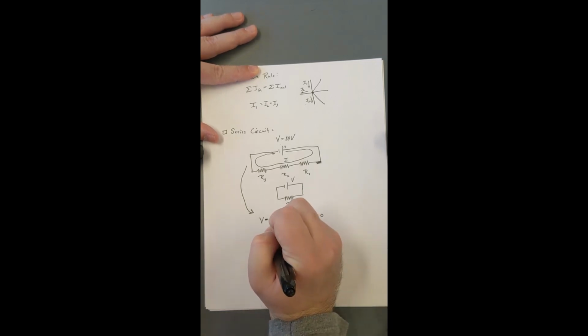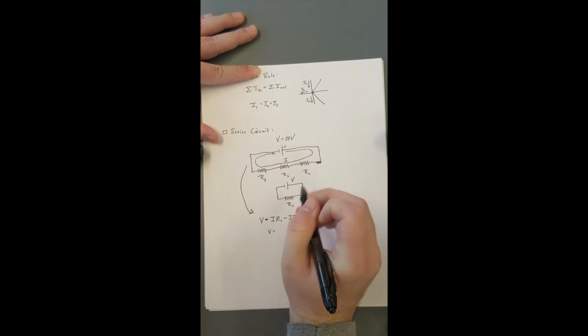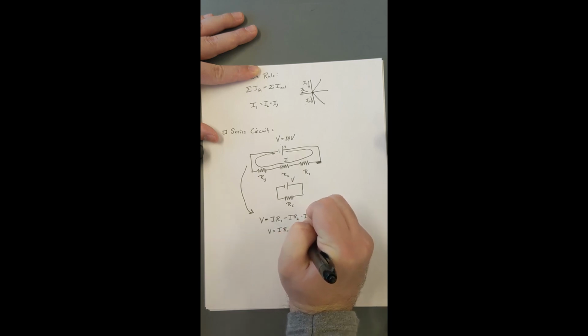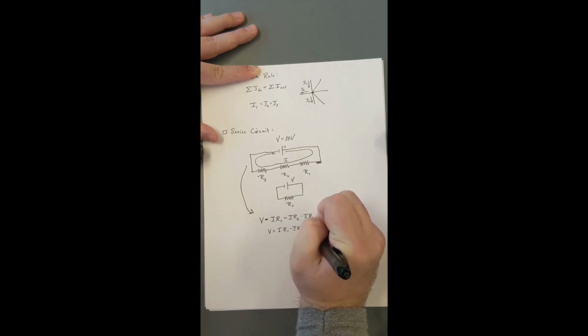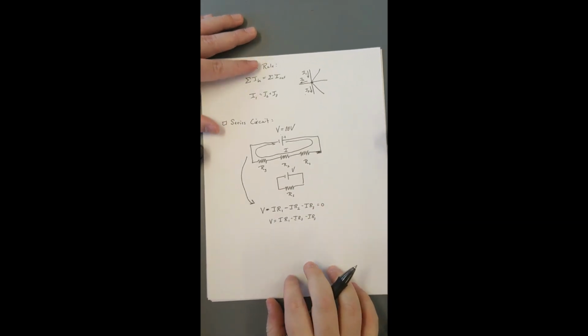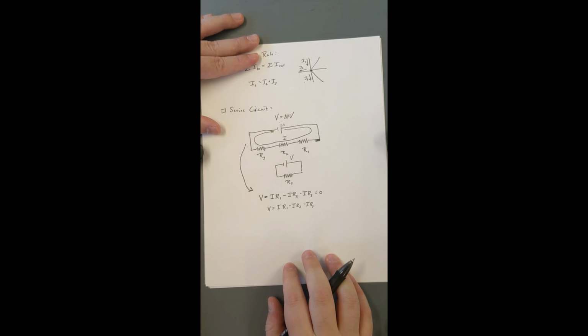All right, so if we then set the power supply on its own and the resistors on the other side of the equation, we get this equation here.